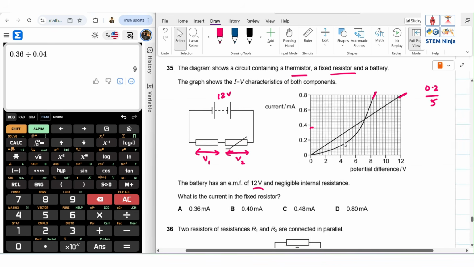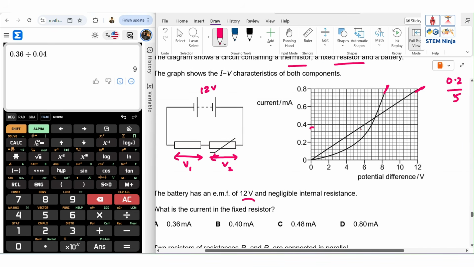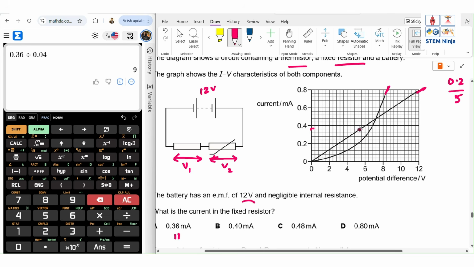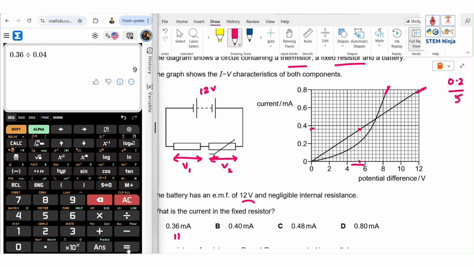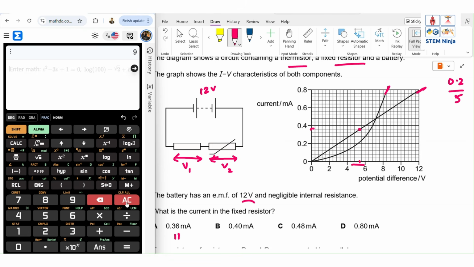If I zoom in a little bit, this is somewhere over here. Roughly, 2 divided by 5 is 0.4. So this is somewhere 3.5. Oh, sorry, no. 3.5 times 0.4, that is 1.4.